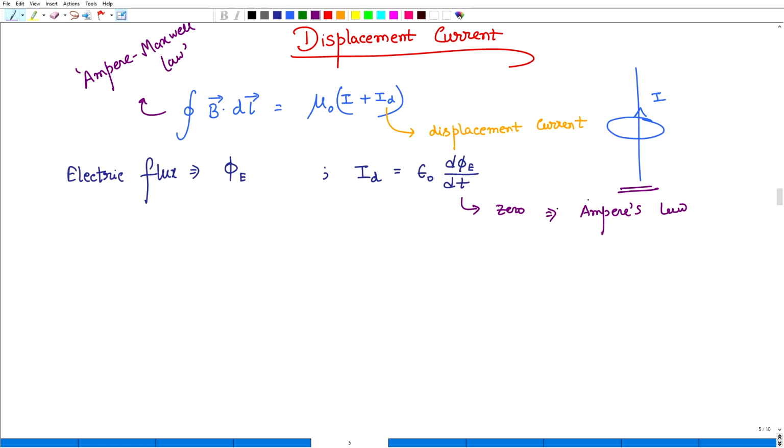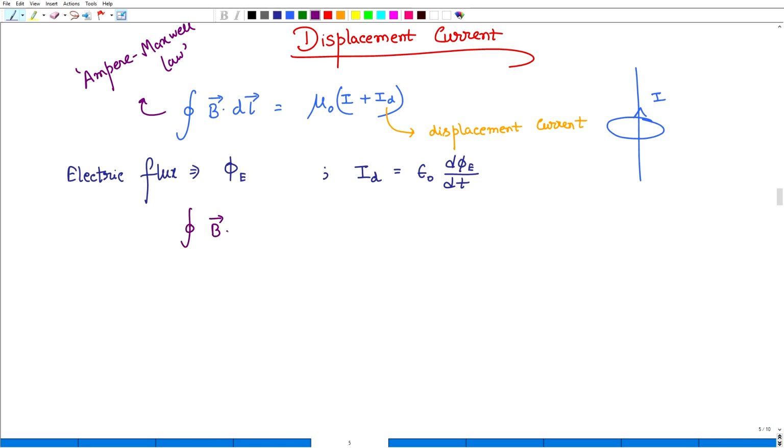Okay, so this is the electric flux. Now we have to understand this part. Let us say we are taking two capacitors. In general we have to write it first.